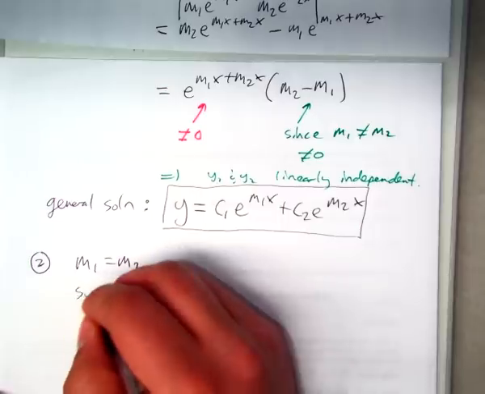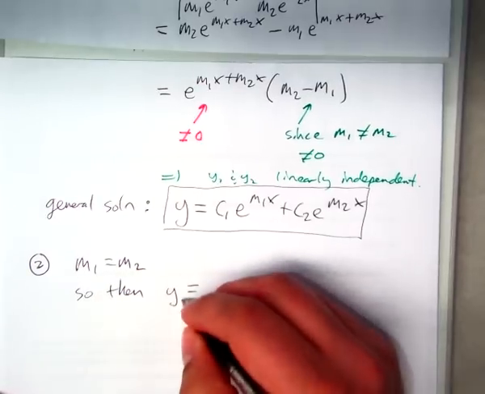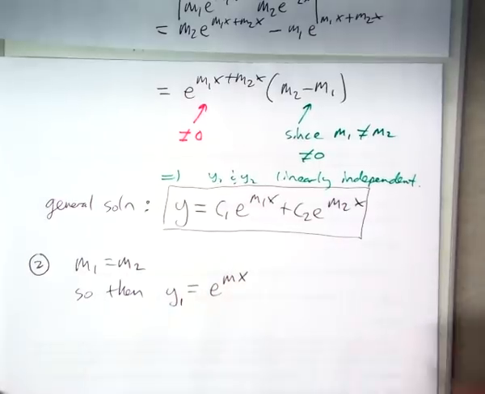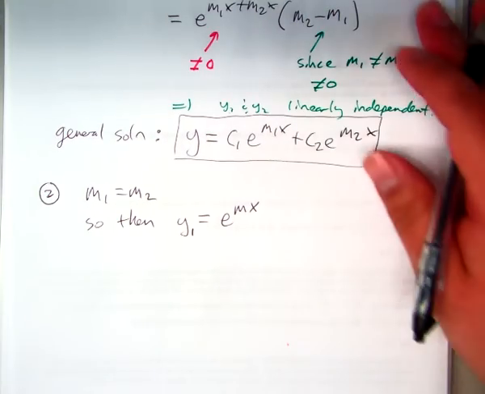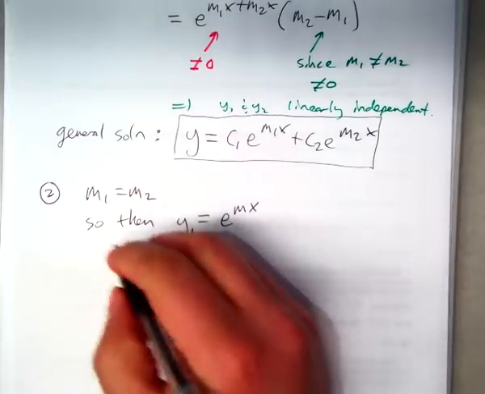So then y is going to equal, let's call it y1. y1 is going to equal e to the mx, and boy, it sure would be nice if someone had shown you how to find a second solution knowing that one of them already works. You guys know what I'm hinting at, right? How do we find the second solution?